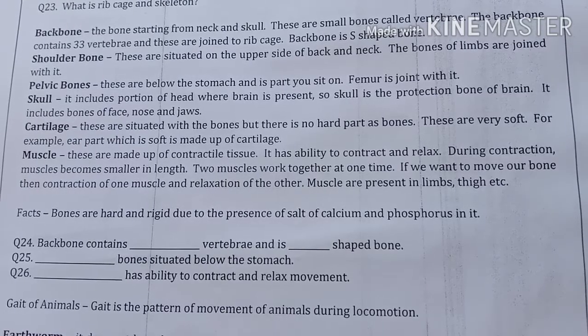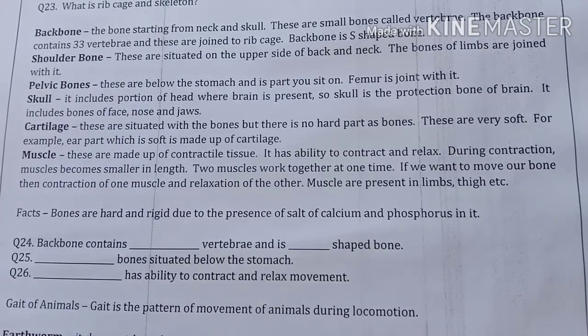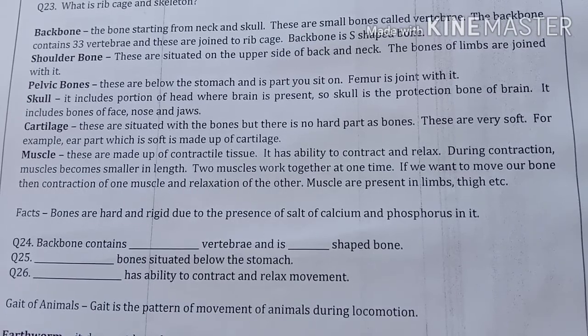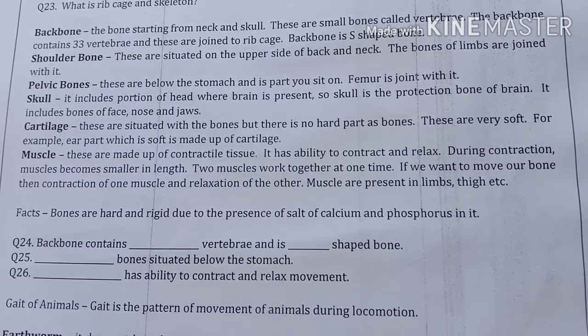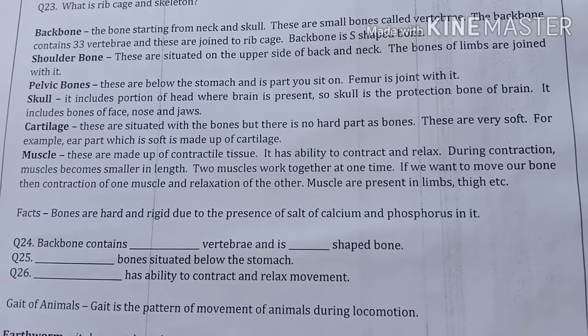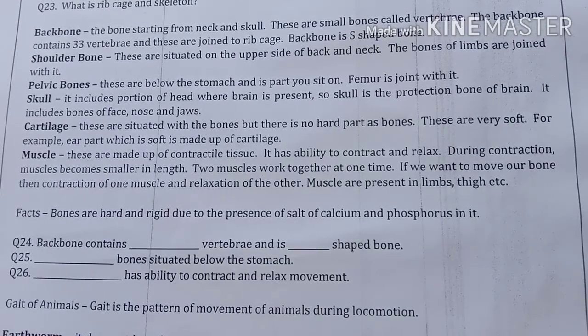The nose is also made up of cartilage. So cartilage works as a soft part. It protects our bones from rubbing on each other. Means it creates a jelly like layer between our bones and protects our bones from rubbing and damaging each other.